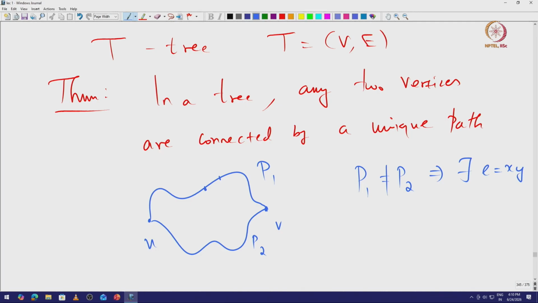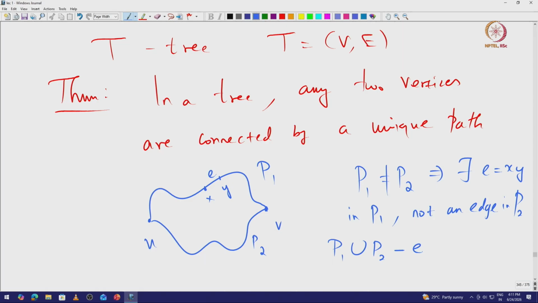The xy is going to lie somewhere here. So, this is an edge in P1, and clearly it is not an edge in P2. Now what you can do is look at the graph P1 union P2 and remove this edge.